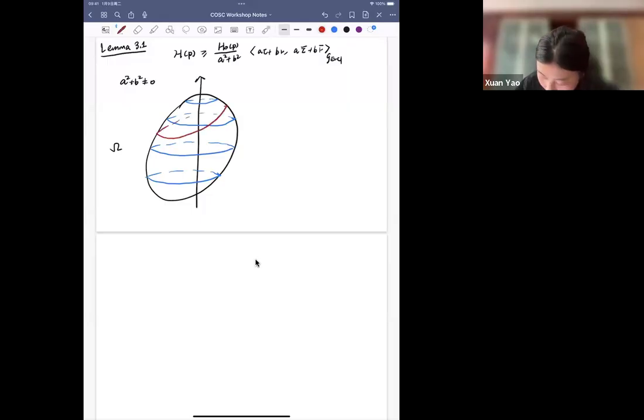It's like the red curve. This is your sigma, right? So for any point on the sigma, you have your tau, you have your nu.